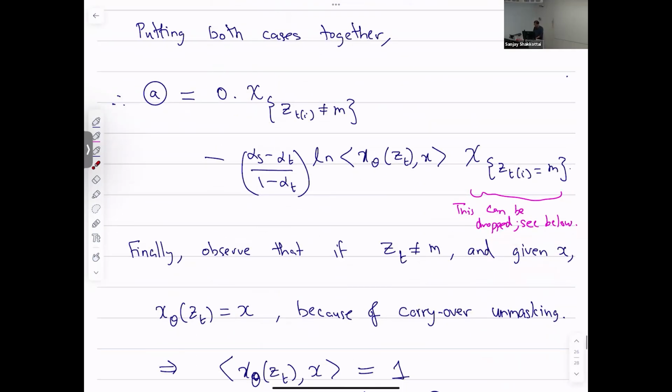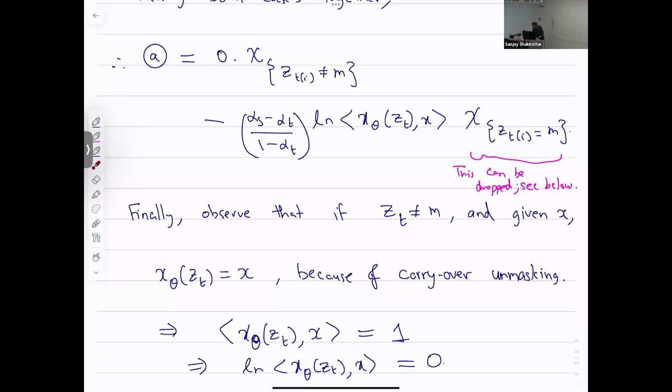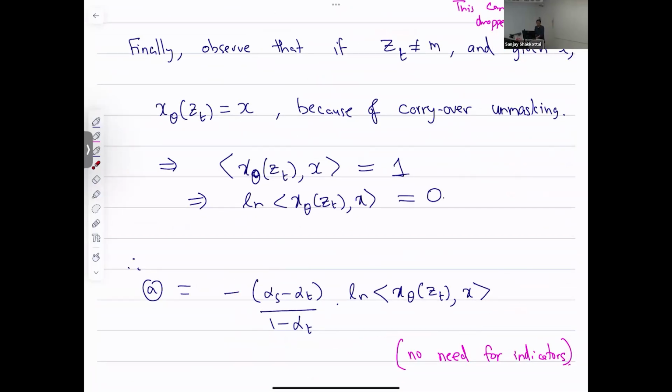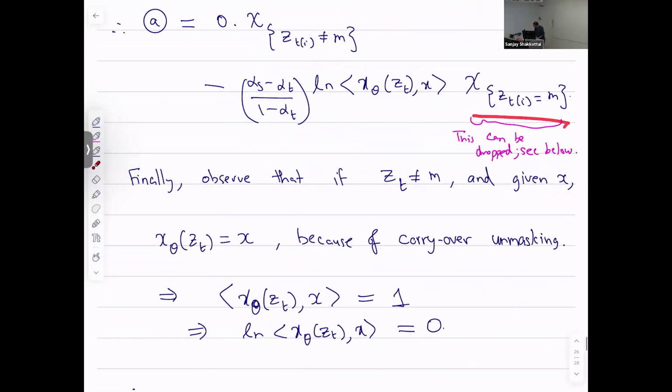Good. Now, we'll argue that this can be dropped, because when zt is not equal to m, this itself is 0. So we can come up with an expression without indicators. That's what I want to do next. When zt is not equal to m, I'm given x.